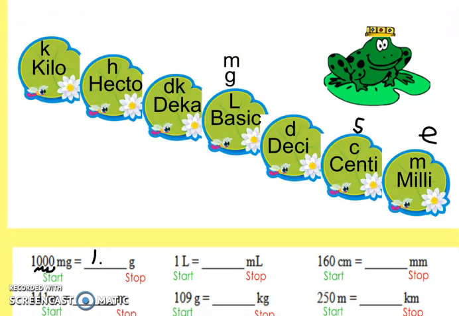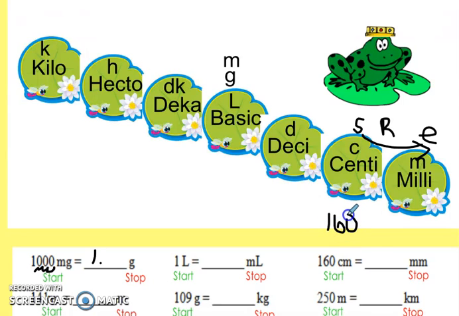So it looks like King Henry doesn't really have to go too far. From start to end, he only has to jump once, 1 hop. And notice it is going to the right. He's starting at centi and he's going to milli, so he's going 1 to the right. And our decimal point right now is at the end.